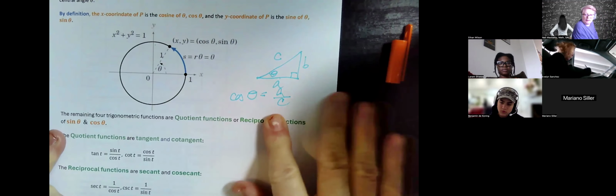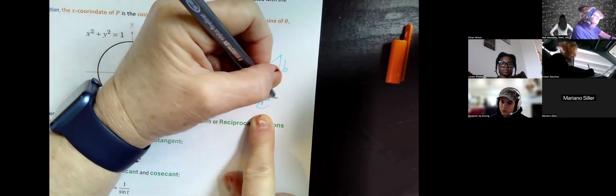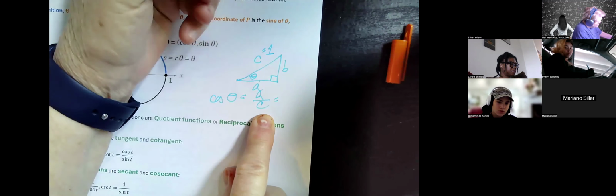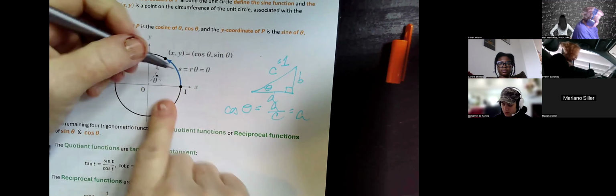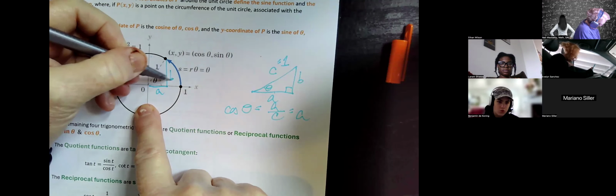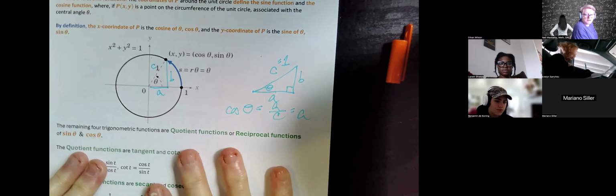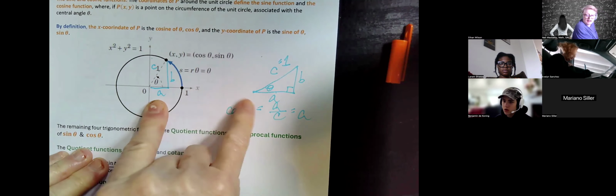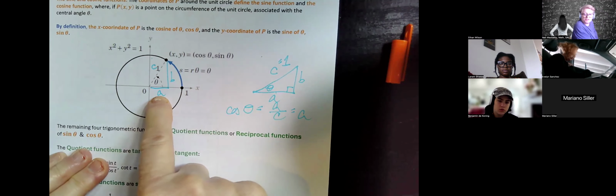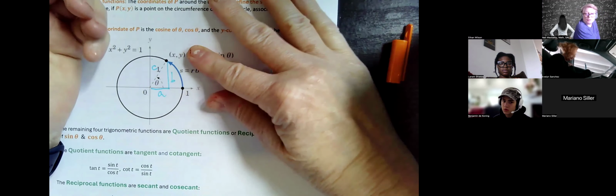Good. And what if C is 1? What do we get? It'd just be A. And let's look here. We've got A, B, C still. We said A was cosine, and A is also what value? Which one of these? X or Y?